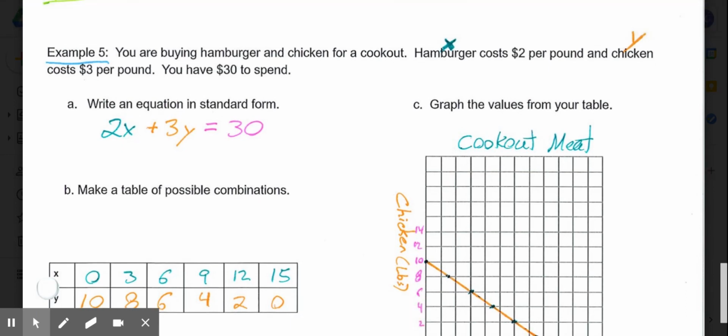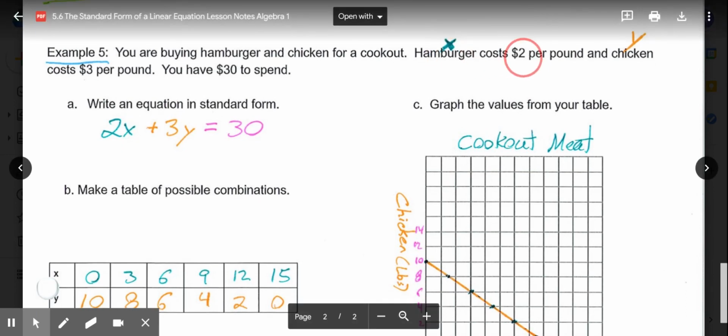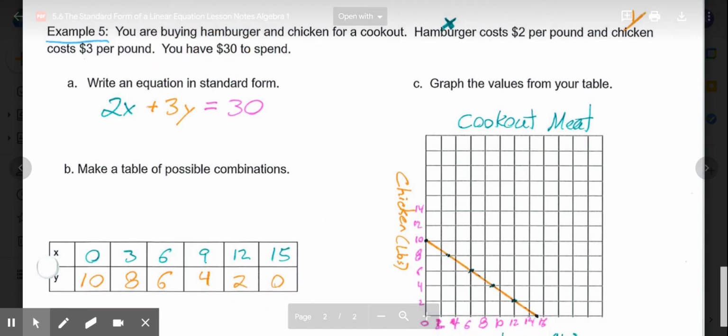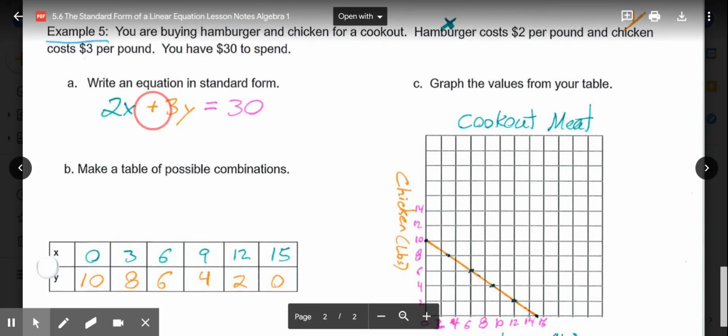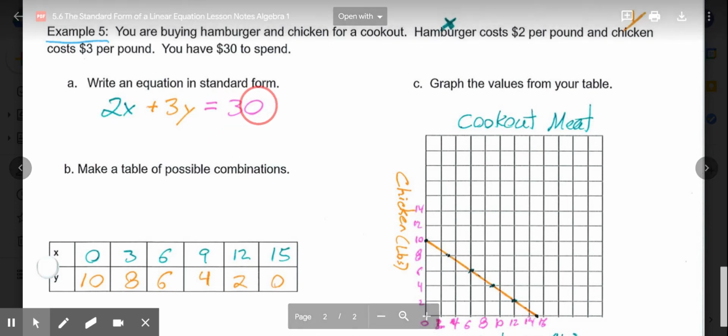So my standard form equation, if hamburger is $2 per pound and I made hamburger X, it'd be 2X. And then chicken's $3 per pound and chicken's Y, so it'd be plus 3Y equals my total to spend at $30. So 2X plus 3Y equals 30.